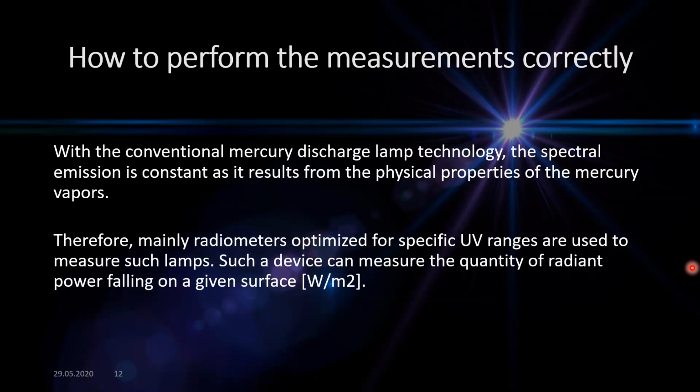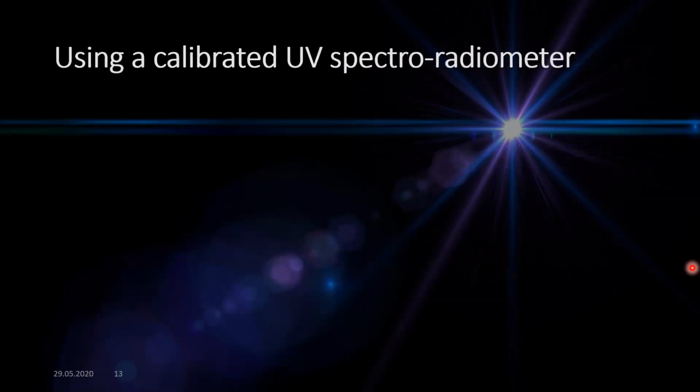these meters have their limitations as well. They cannot, for instance, identify different spectral power distributions. So when there would be a shift in the wavelength, such a meter is unable to recognize it.